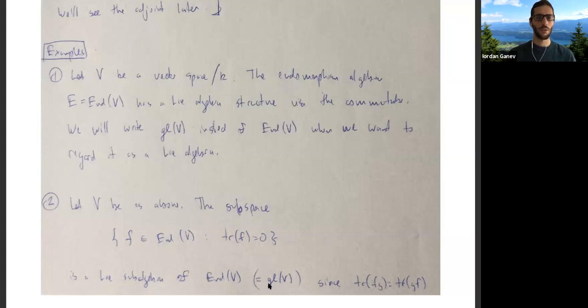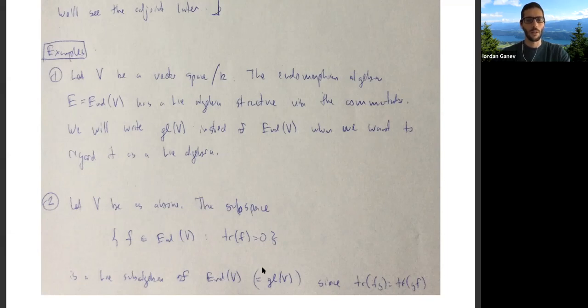If we take two matrices with trace 0 and you multiply them, their product won't necessarily have trace 0, but it is a Lie subalgebra. So it's closed under the bracket, and that's because the trace of two matrices is the same regardless of which order you multiply them. Trace of f times g is equal to trace of g times f for any two endomorphisms.